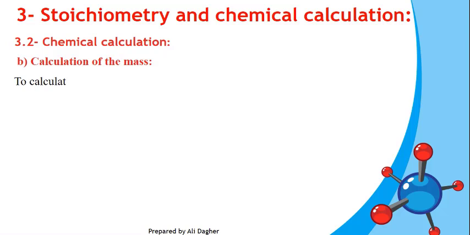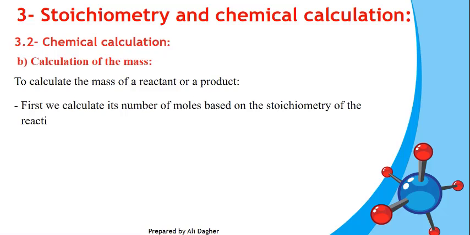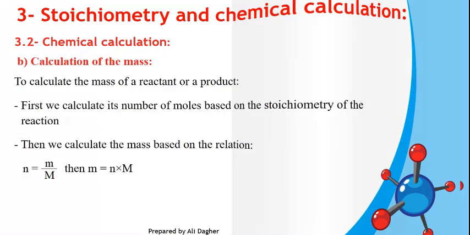For the mass, to calculate the mass of a reactant or a product, reactant left or product formed, first we calculate its number of moles based on the stoichiometry of the reaction, as we have seen in part A. Then we calculate the mass based on the relation. We have number of mole equal mass over molar mass, then mass equal number of mole times molar mass.